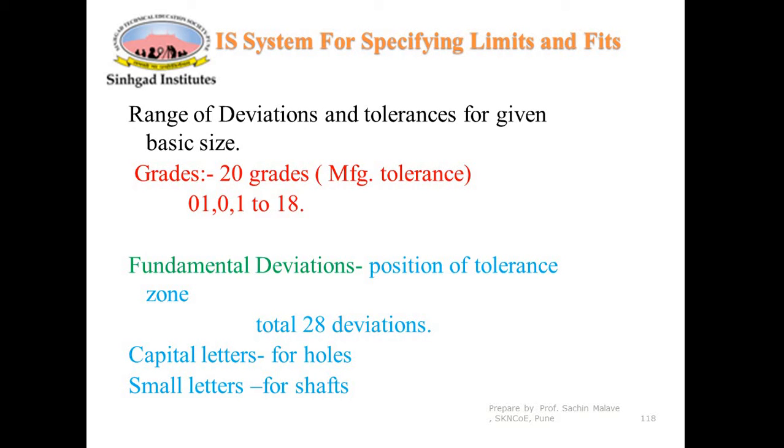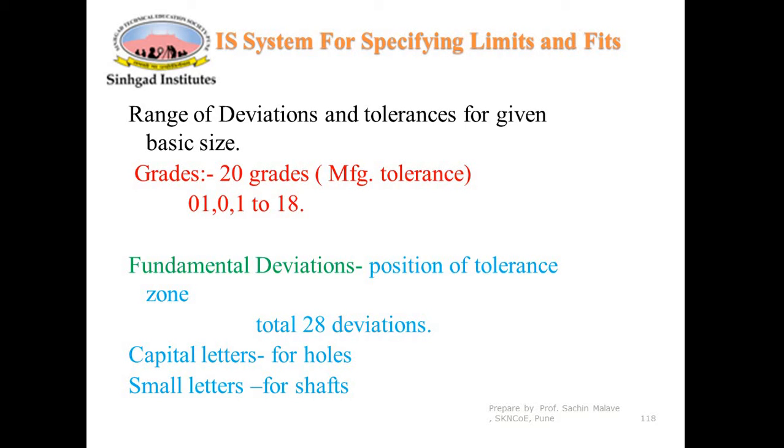Now, the IS system for specifying limits and fits. Whenever we are deciding the limits, fits, and tolerances, a range of deviations and tolerances is given for a basic size.